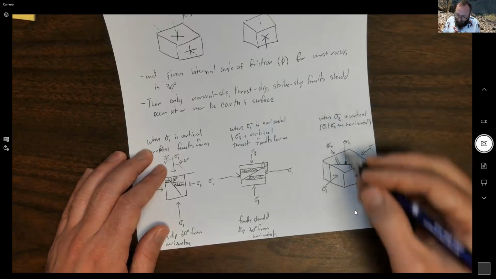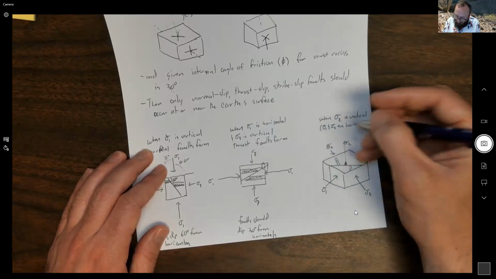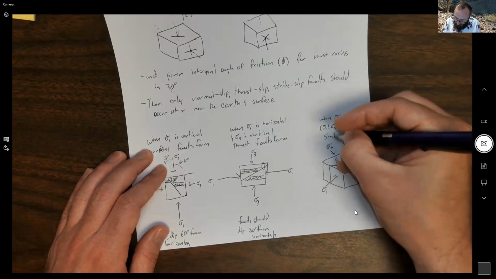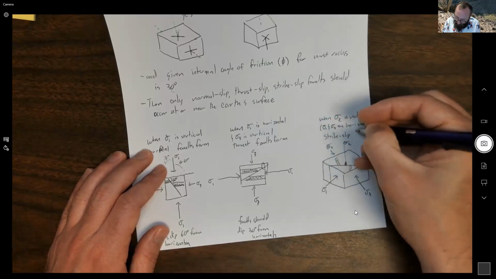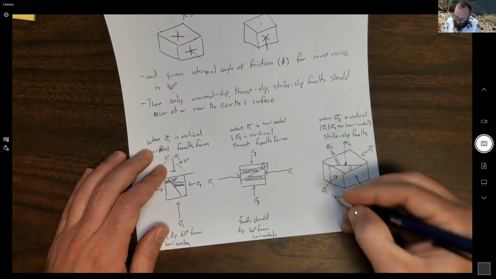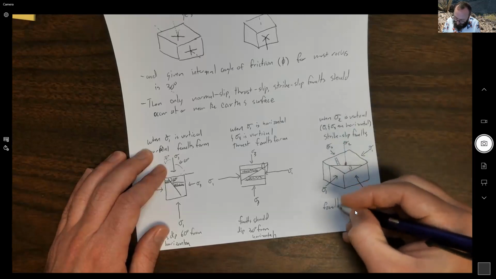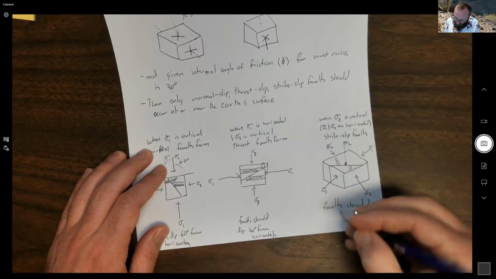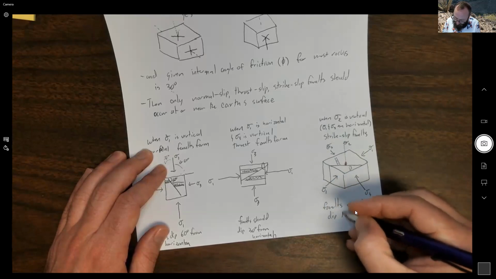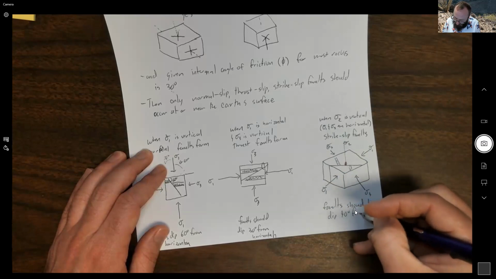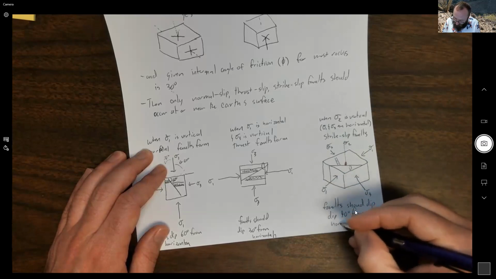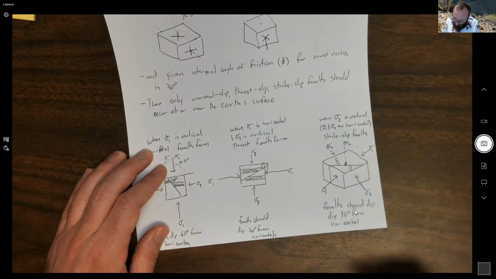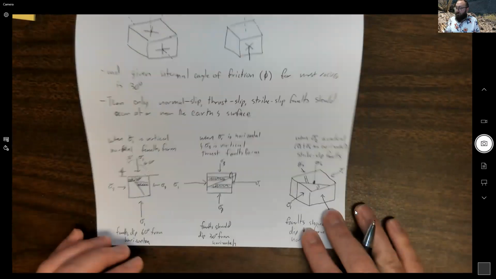When that's the case, we get strike slip faults to form, and the faults should dip 90 degrees from horizontal. In other words, they're vertical.